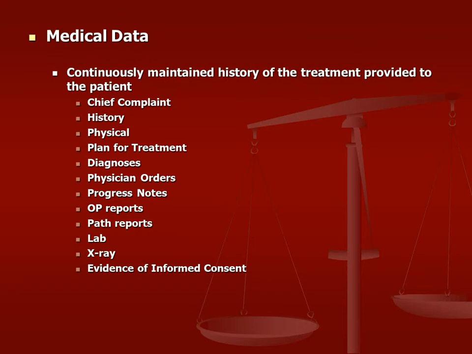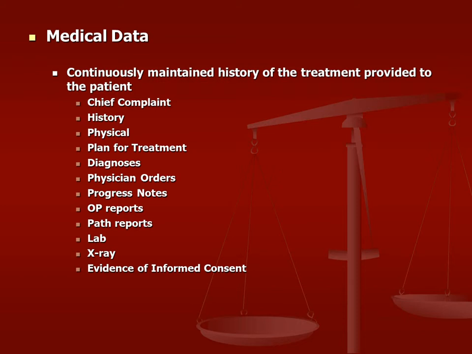And then the biggest part of the record, the most data kept, is the medical data or the clinical data on the patient. This is continuously maintained, and it gives a history of treatment provided to the patient. When I say history, I mean everything that's happened to the patient during that particular encounter. We have the chief complaint, the history and physical, and the plan for treatment from the physicians.